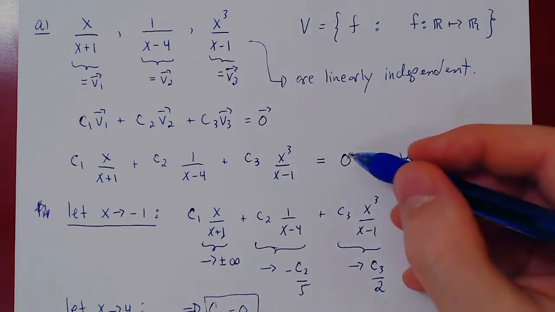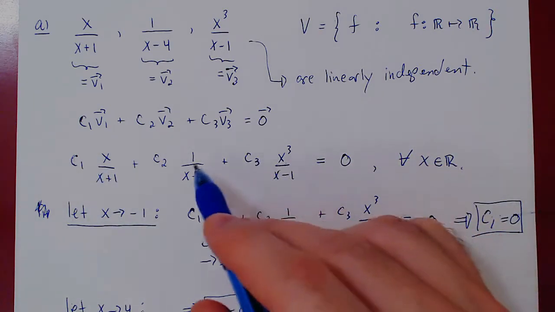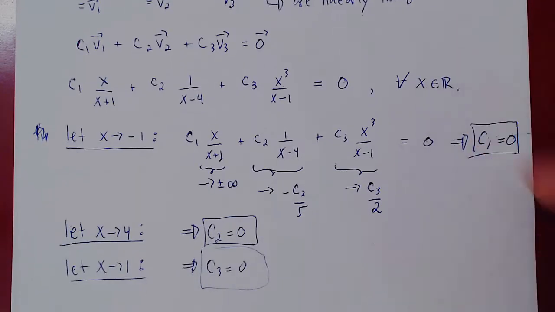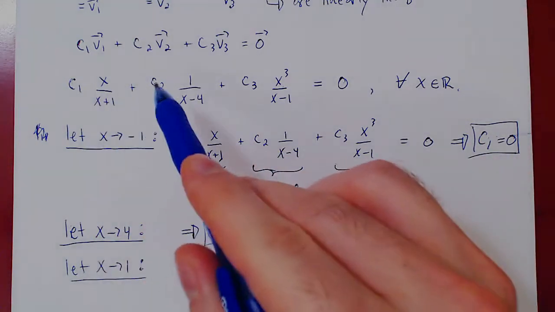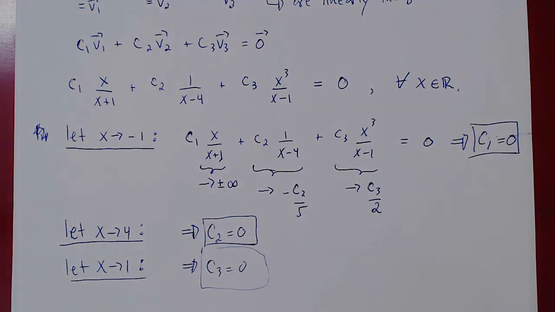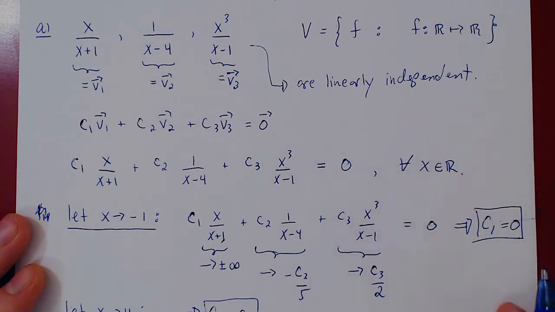As the only way to obtain the zero element of our space through a linear combination of our three rational functions is with the trivial solution as the unique solution. We must set every coefficient to be equal to 0. And this proves that we have linear independence.